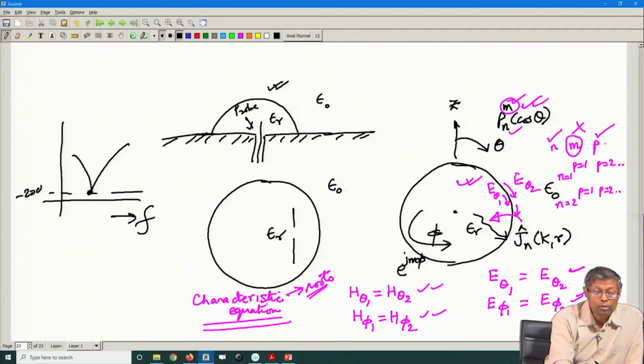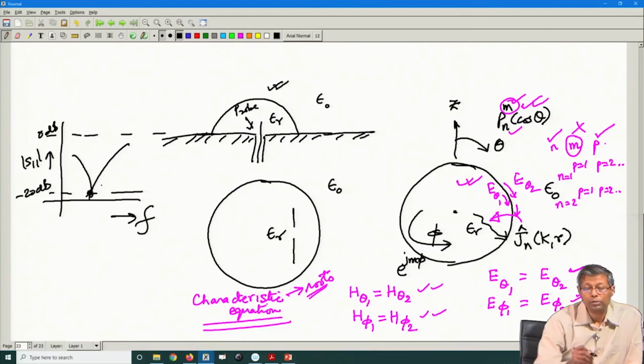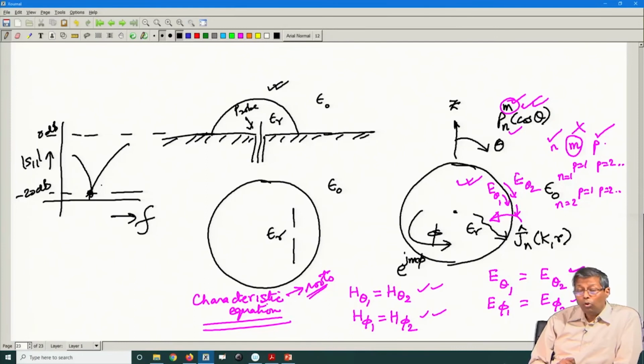This is minus 20 dB, that is 0 dB, and this is the reflection coefficient mod S11. We have obtained a match at this frequency. So, we want to know which is the mode responsible for this resonance.